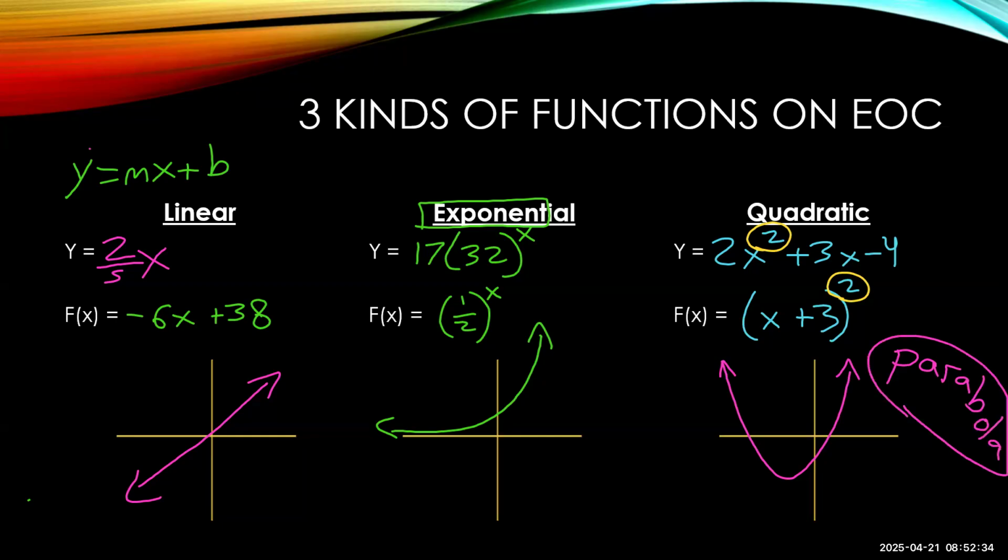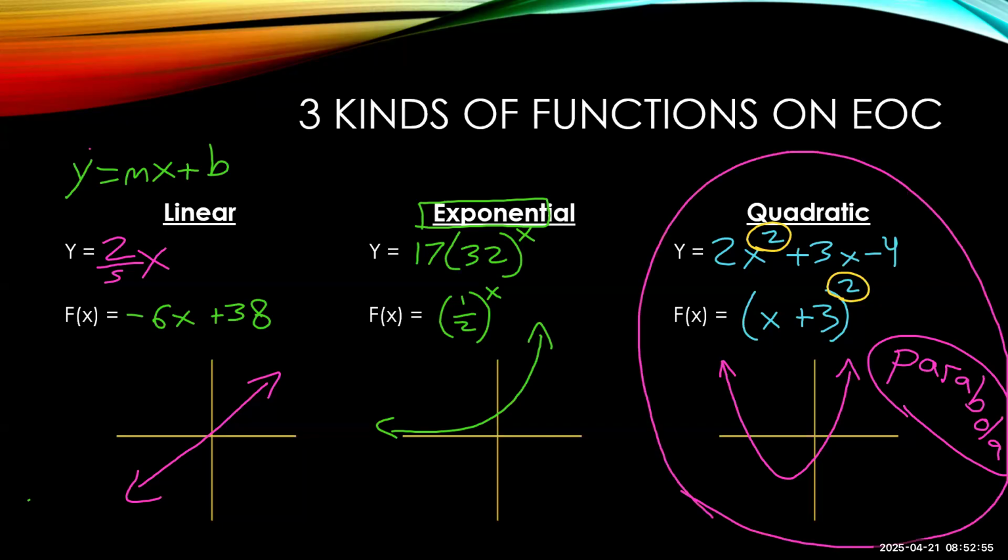Ran out of room there. Parabola. All right, so that graph actually has its own name. It's special. It's called a parabola. It can be a U shape, meaning going up, or kind of like an N shape going down. We'll talk about why they do that. But this right here is what our last chapter's on. Everything we're talking about in our last chapter is a quadratic.